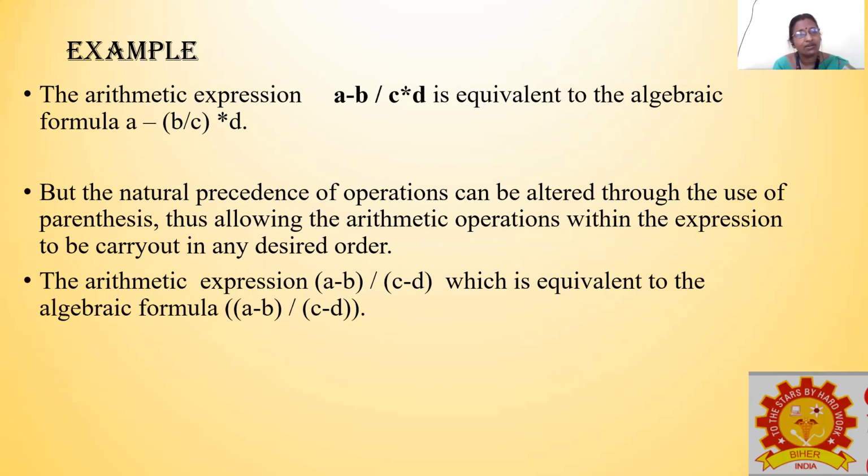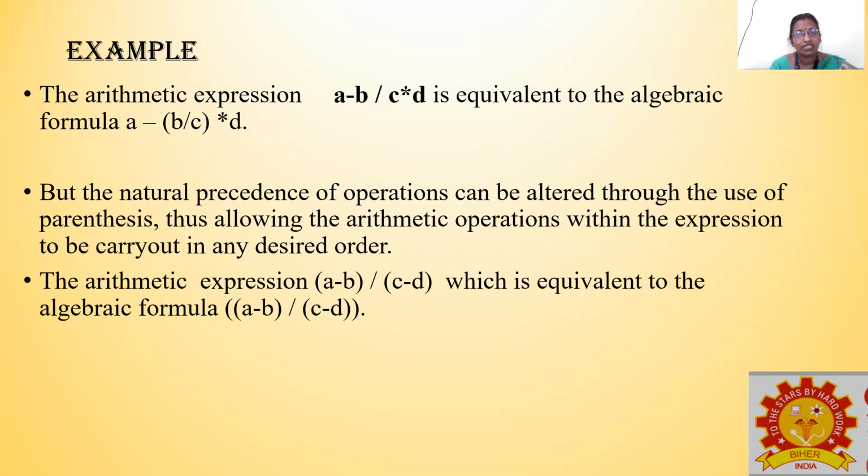Then the quotient is multiplied by d, and then the result is subtracted from a. So this is the order as per precedence as well as associativity rules: division and multiplication appear together, so b divided by c is completed first, the result is multiplied by d because we follow left to right associativity, and then the result is subtracted from a.